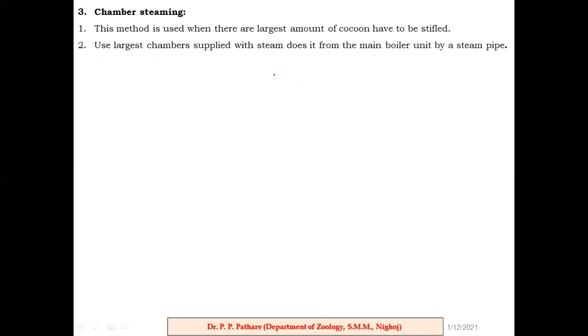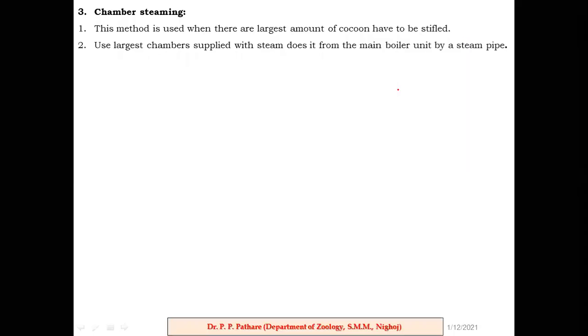But if a large farmer has the ability or the chance to steam a large amount of cocoon at a time, they use a large chamber supplied with steam.